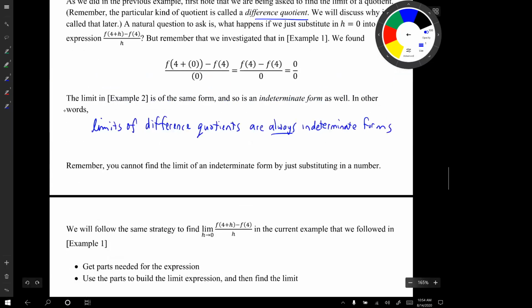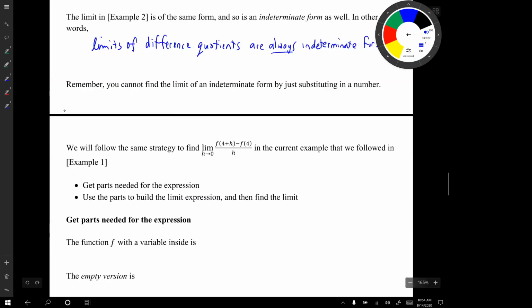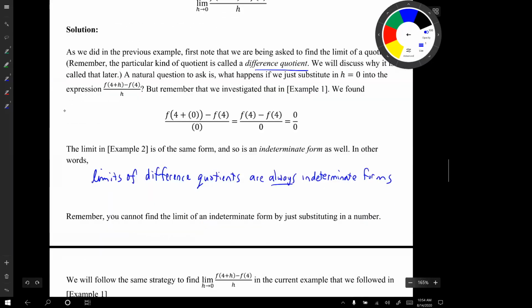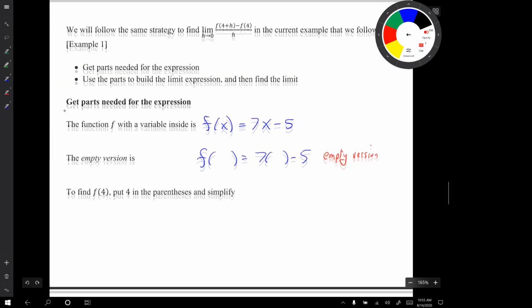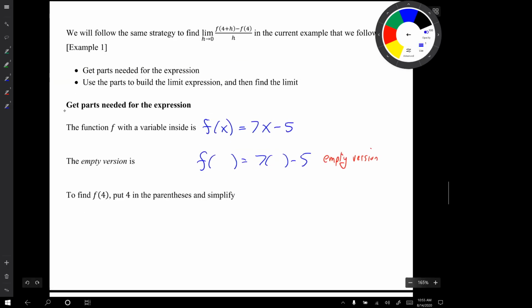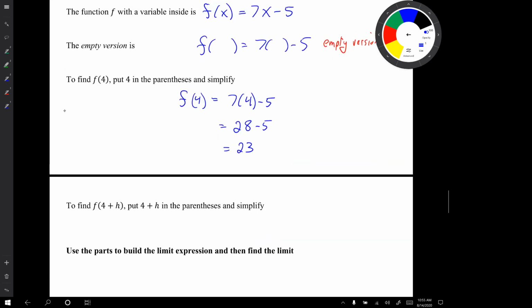First of all, we identify our function. It's f of x equals 7x minus 5. We identify the x value, 4. Then we find f of 4. And then we find f of 4 plus h.